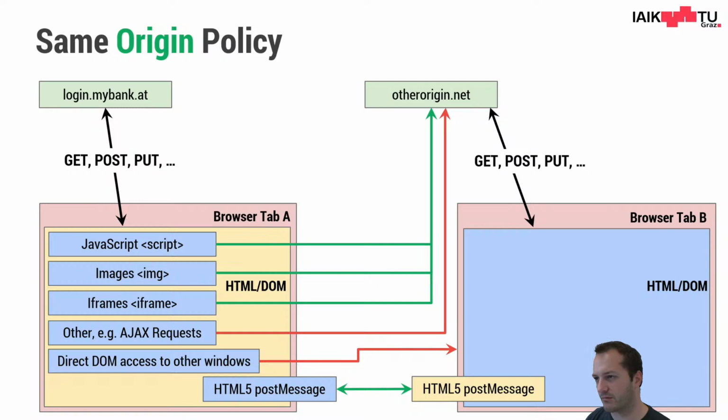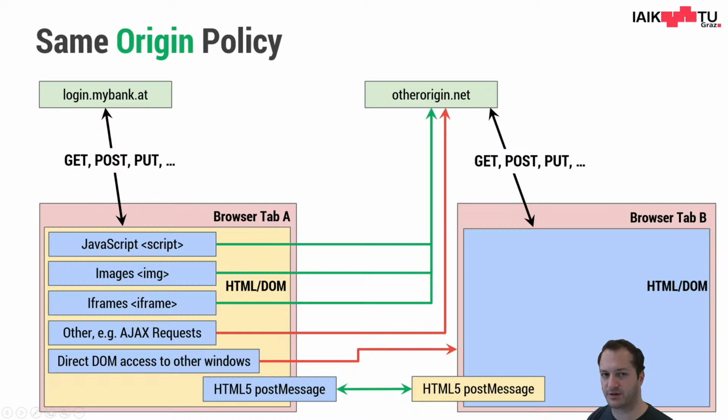And in this example, what you see here with login bank EL, where requests are made to some other origin.net, for example, the user loads this in a browser tab, and then it happens, for instance, that this website needs some JavaScript, like jQuery, wants to include Google Maps or something from any other origin. And if the website would then use the script tag, the regular JavaScript script tag, then this communication will always work, even if the origin is different. So this is what the green arrow here means.